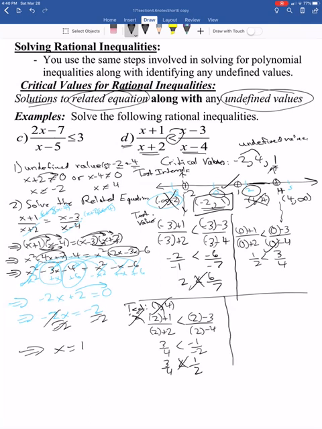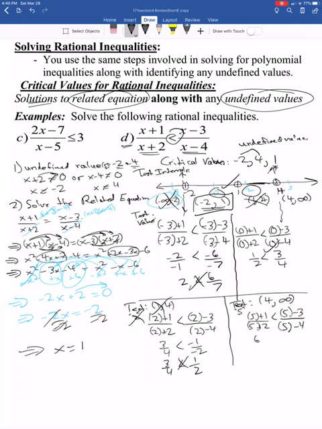Our last region, let's test it. We need to test the final interval, and that interval is the values greater than 4. 4 to infinity, and we picked 5 as a test value. So does 5 work? Let's plug it in together and see. So 5 plus 1 divided by 5 plus 2 less than 5 minus 3 divided by 5 minus 4.